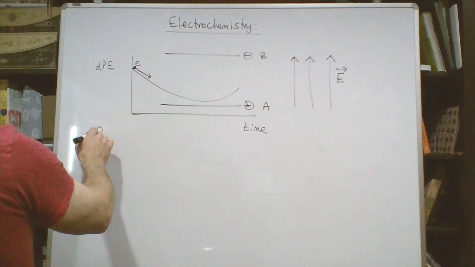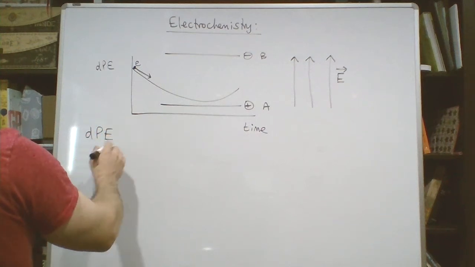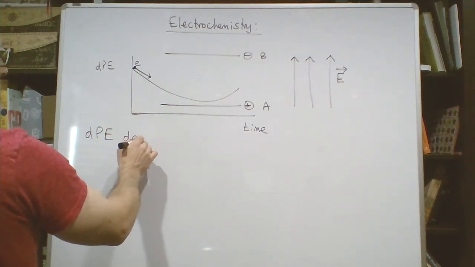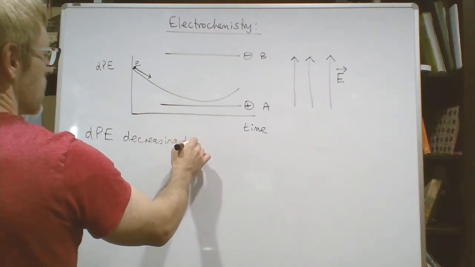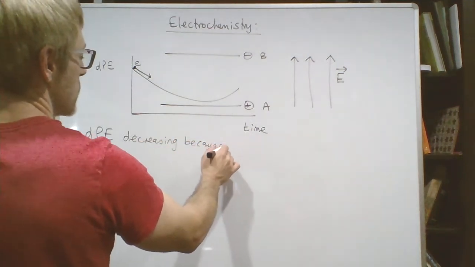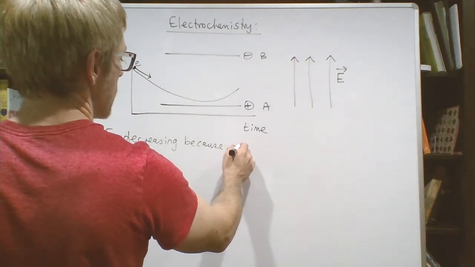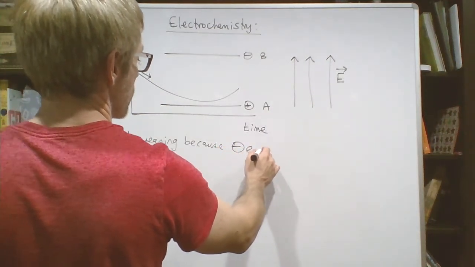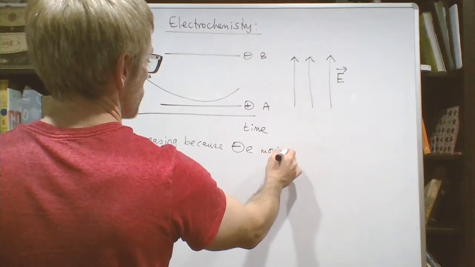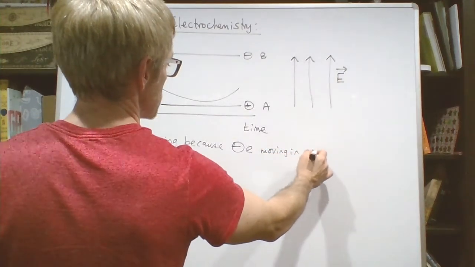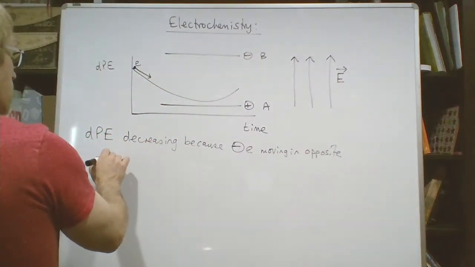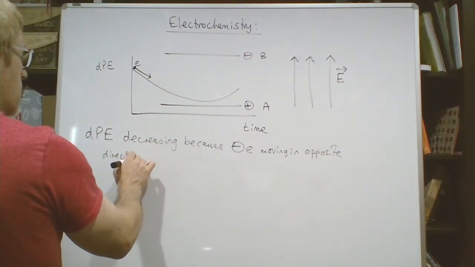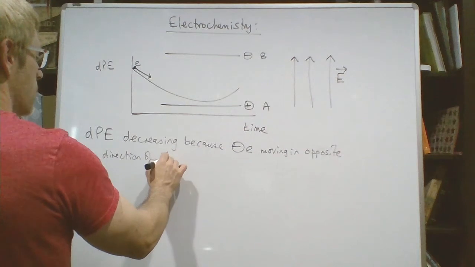So we've got the situation where the change in potential energy is decreasing because we have a negative electron moving in the opposite direction of the electric field.